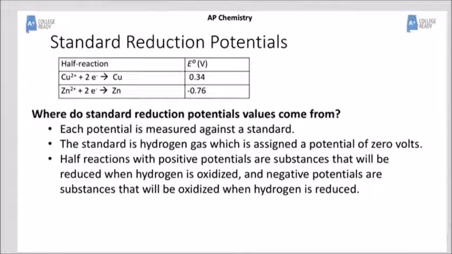If whatever was compared to hydrogen gas was reduced, it would have a more positive reduction potential than hydrogen. And if something was paired with hydrogen gas where hydrogen gas was caused to be reduced, then that other substance was given a negative value. So the standard is hydrogen gas, and these values are coming from that comparison.